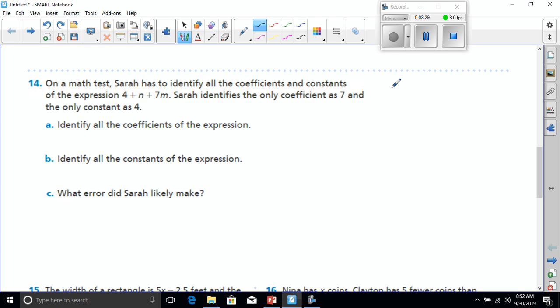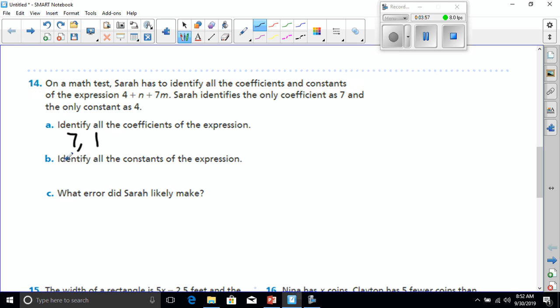Well, I would say that she is right. Coefficients are the number that's with the letter, so 7 is going to be the only coefficient for m, but we have to remember that whenever there's no number in front of a variable, there's at least 1. So we have a coefficient of 1 in front of n.